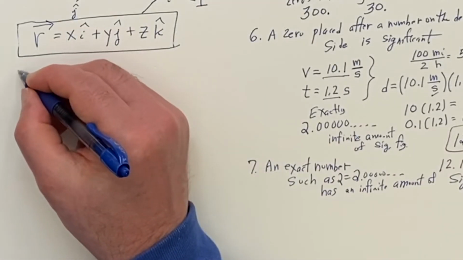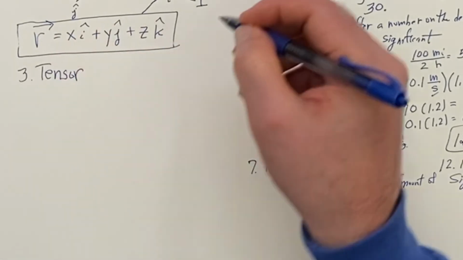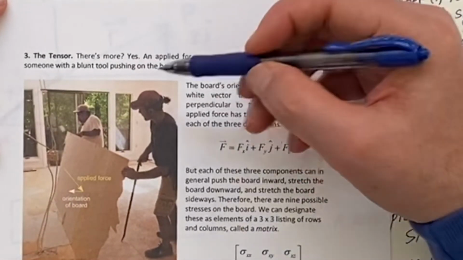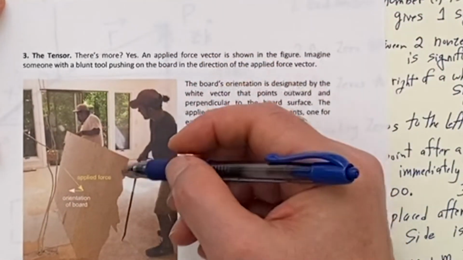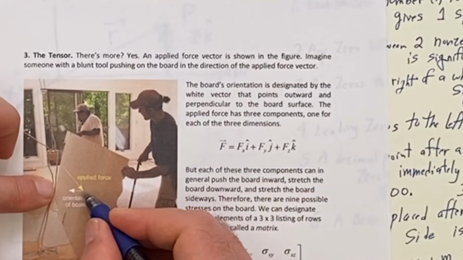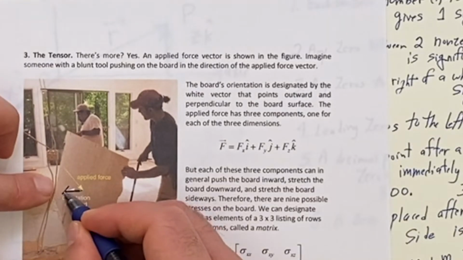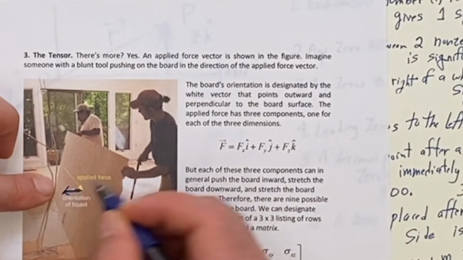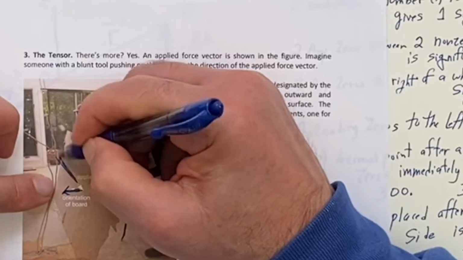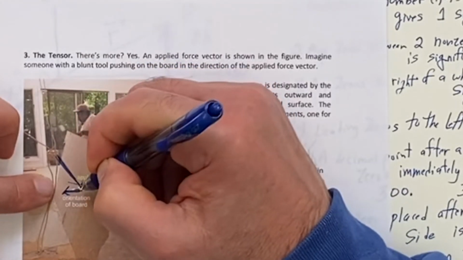So if we go here to 3, the tensor, here's the idea. We have a board that we can define its orientation by having a little vector come out of the board, like perpendicular to the board. And then we're going to apply a force at that point there.